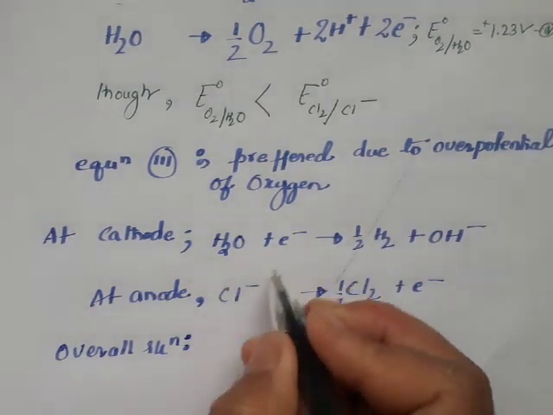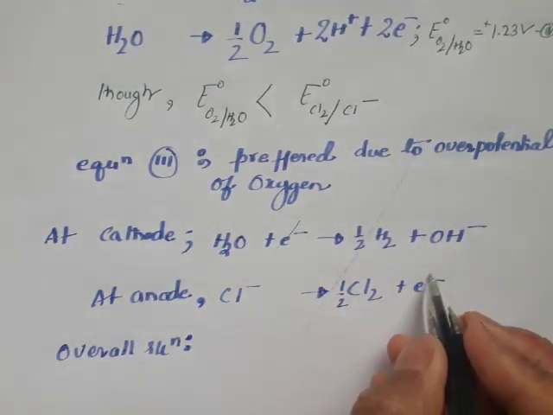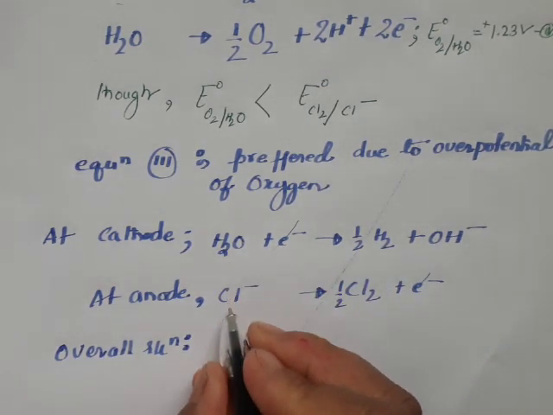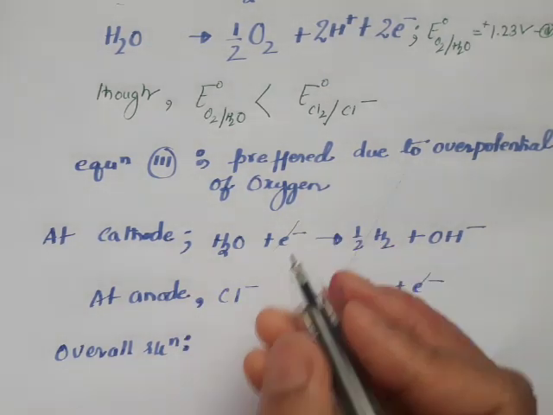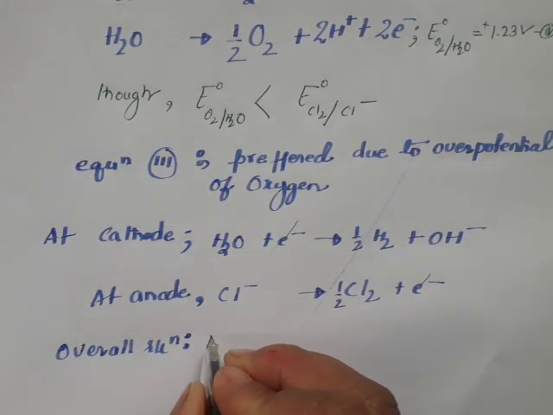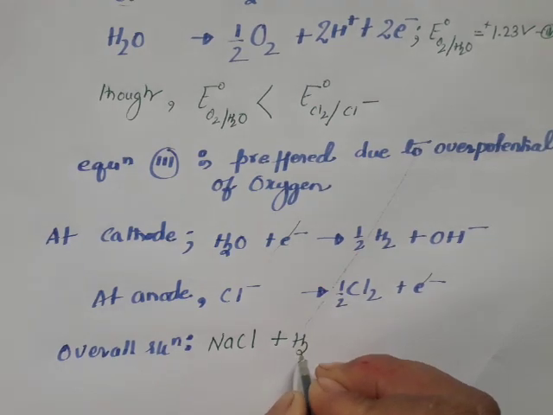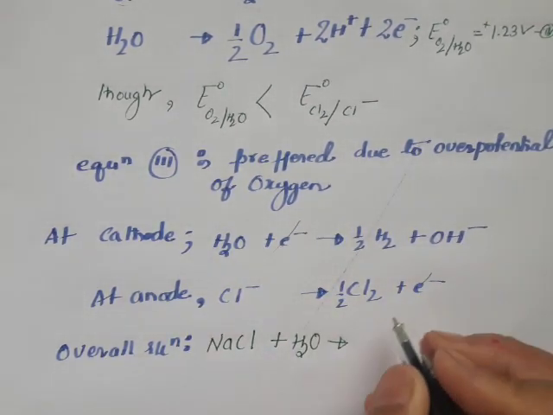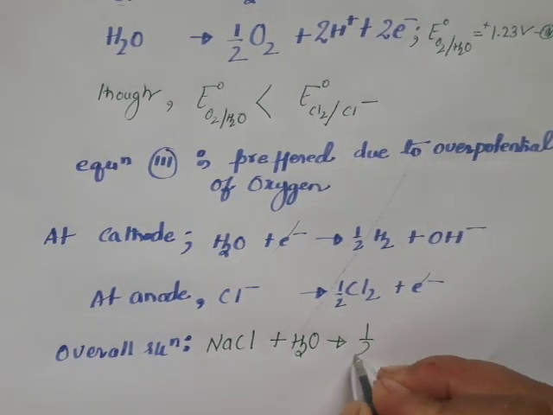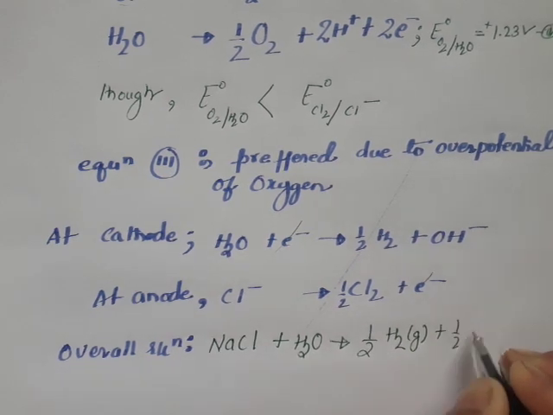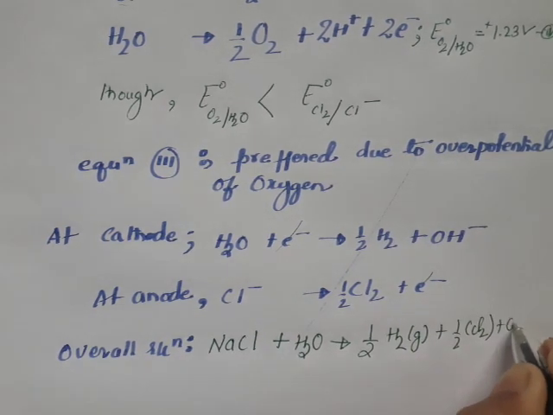Now to your left side, what are they? So electrons on either side will get cancelled. So what is on the left side? Water and Cl minus, which is coming from your sodium chloride, right? So we can write sodium chloride plus water, and what is there on the right side? Hydrogen gas and chlorine gas and OH minus ion, right?